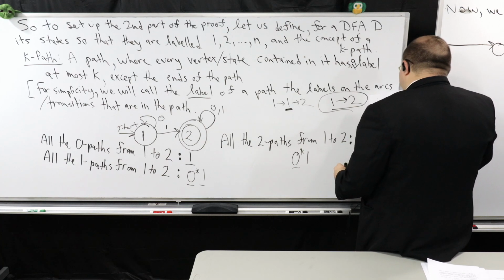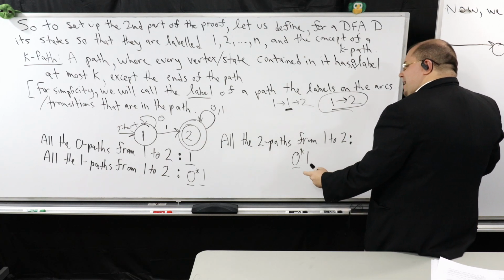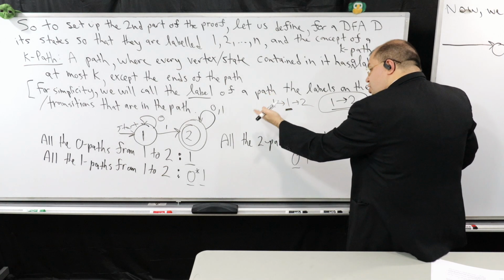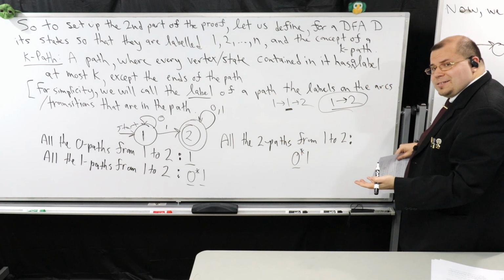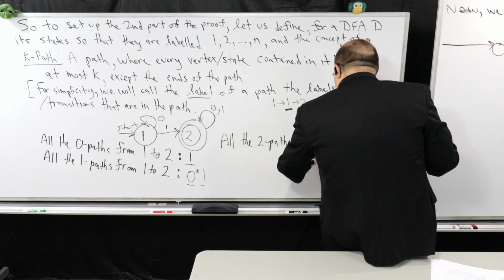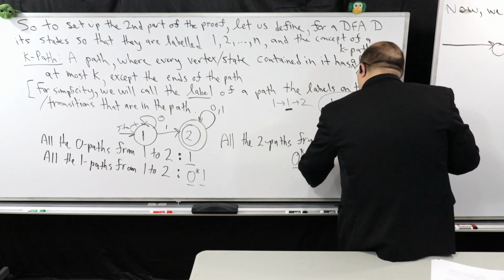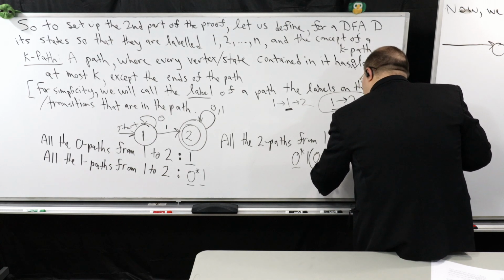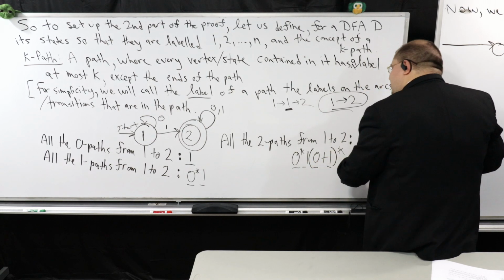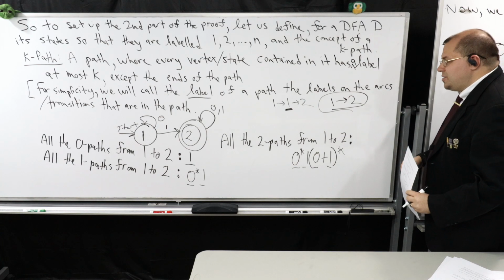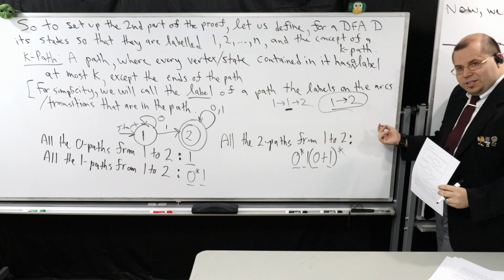So I know that. But notice that because it's a 2 path, I can take 2 as many times as I like, right? So what I can do is take a 0 or a 1, and I could do that as many times as I like, and I could stay in 2, right? So these are all the 2 paths from 1 to 2.